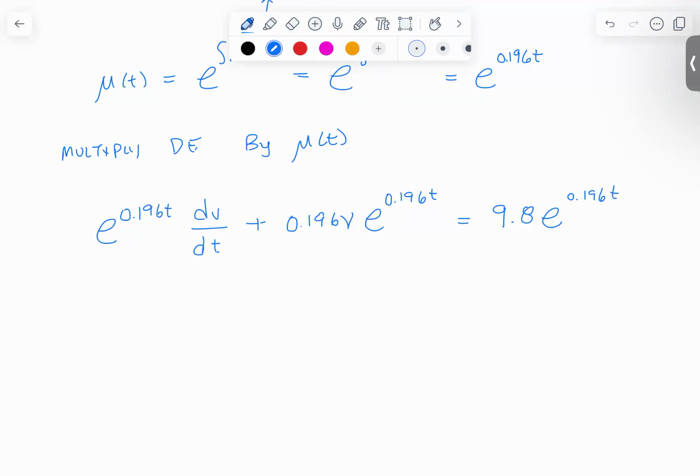Then we just have to make sure we identify the pieces of it. e to the 0.196t, right? And v, right?